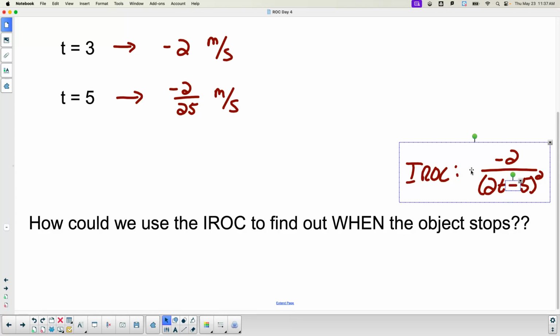Give me a time frame. Why would it be 2.5, equals -2 on the top? It never stops.